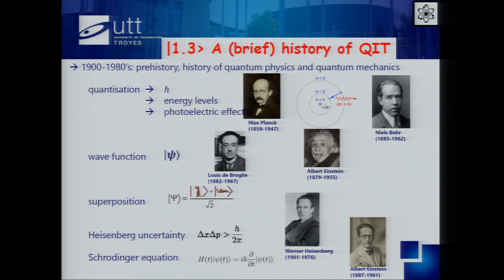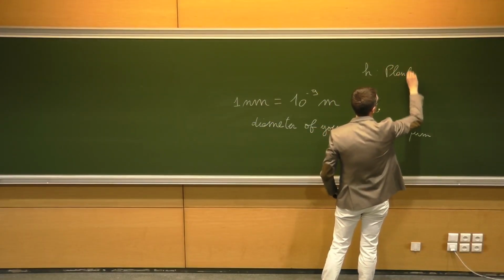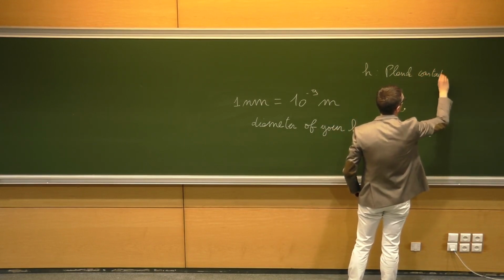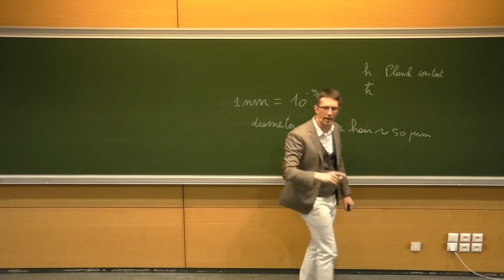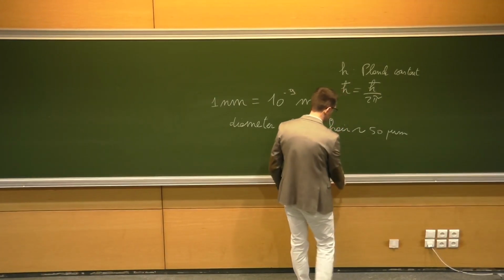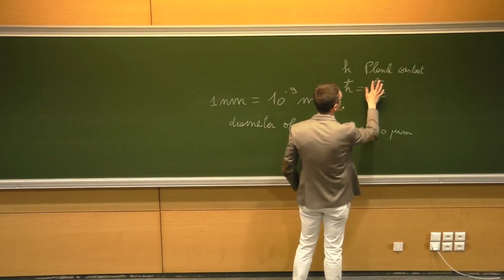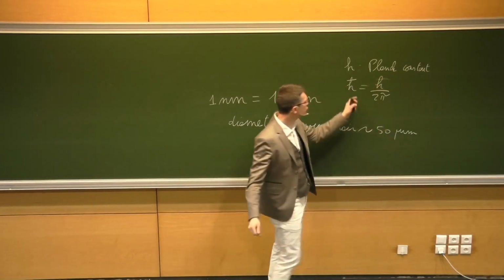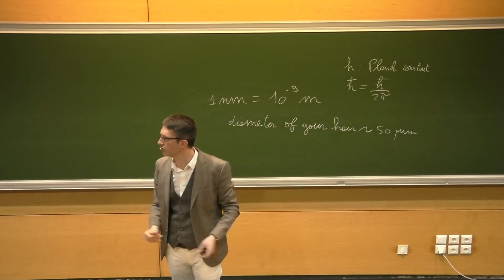In this prehistory of quantum physics, we have a few important aspects, like the notion of quantization and the famous Planck constant h, or h bar. h is called the Planck constant, and usually we like to use h bar, which is simply h divided by 2 pi, because we have 2 pi a lot everywhere.